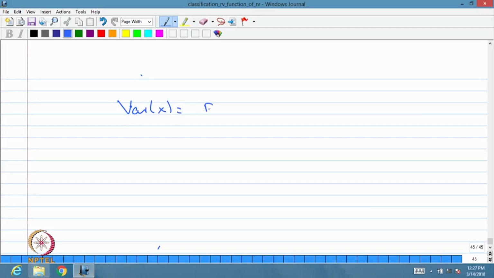So, how to compute the variance of x for this problem? The variance of x is the same as the expectation of x minus mu the whole square, that is the same as the integration from minus infinity to infinity of x minus mu the whole square times f of x dx.